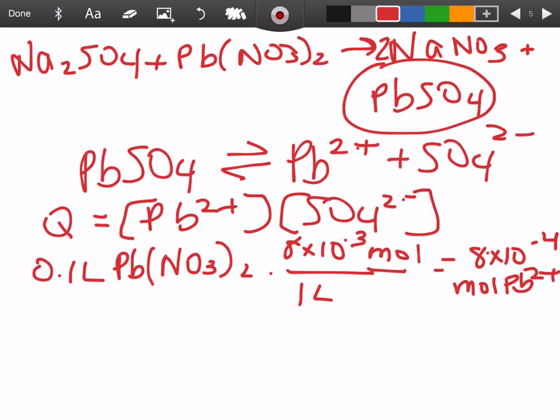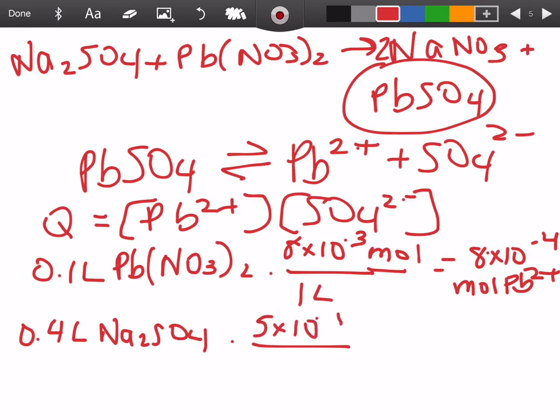I'm going to do the same thing for my Na2SO4, looking at my SO4 2-. I've got 0.4 liters of this Na2SO4. I'm going to get that to moles. It tells me the molarity is 5 times 10 to the minus 3, so that's moles in 1 liter.